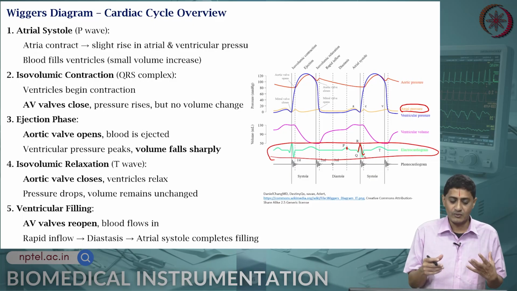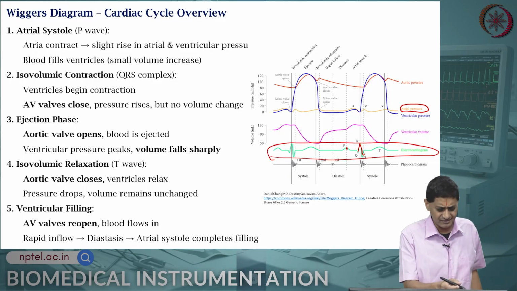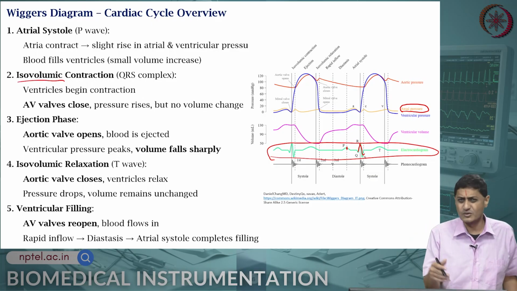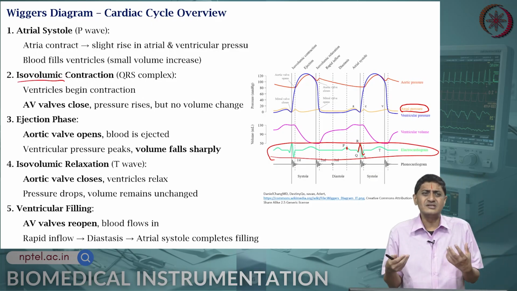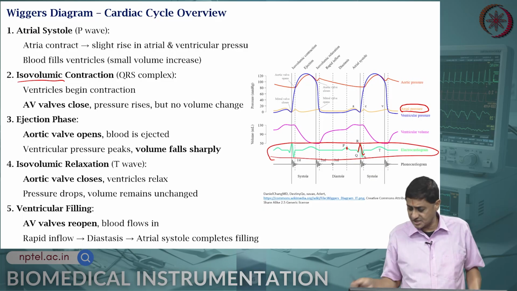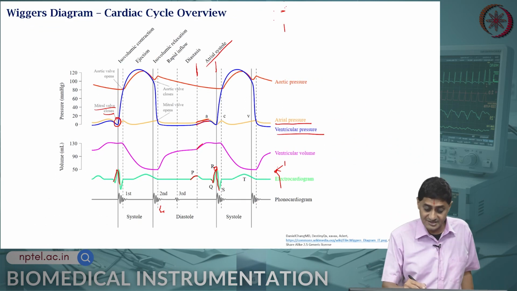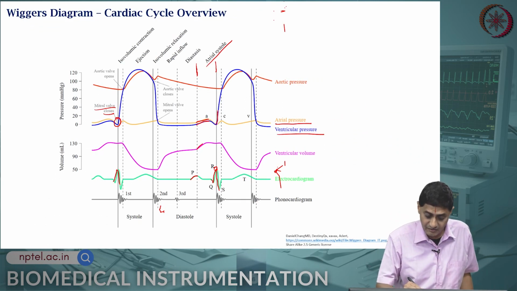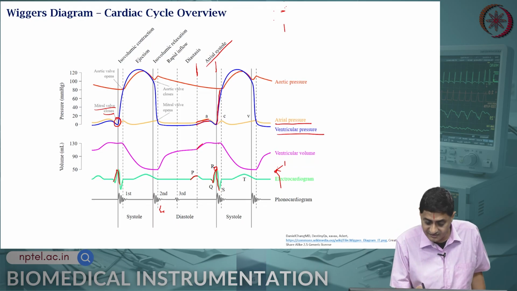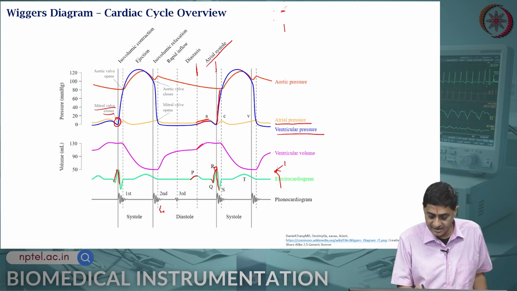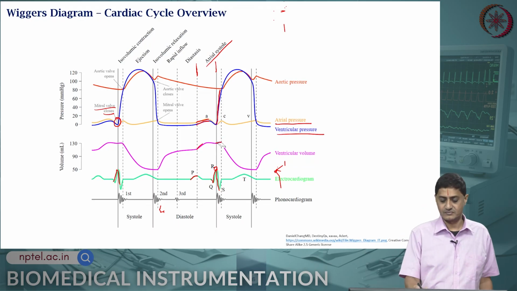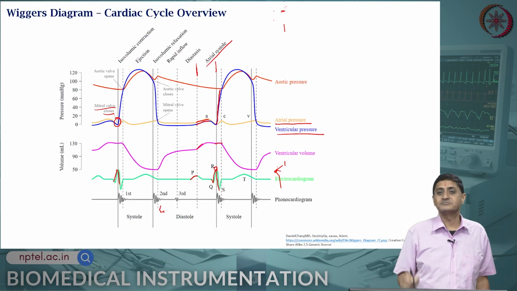Iso means equal, volumetric, it says isovolumic. Isovolumetric essentially means contraction happens at the same volume. If contraction happens at the same volume, then the pressure will suddenly start building up in a very big way. That is the line that you see here, that is flat.